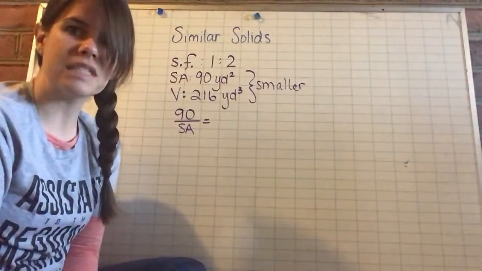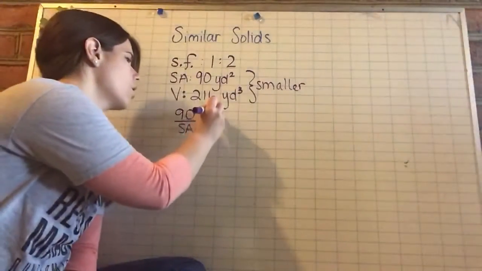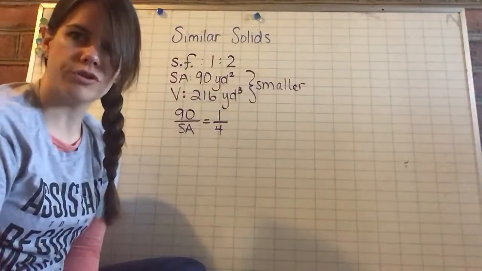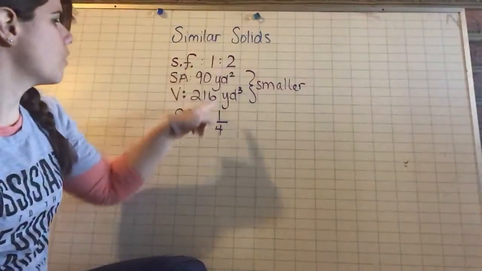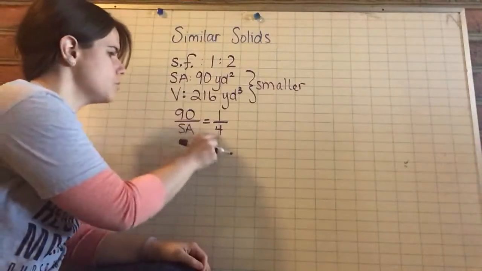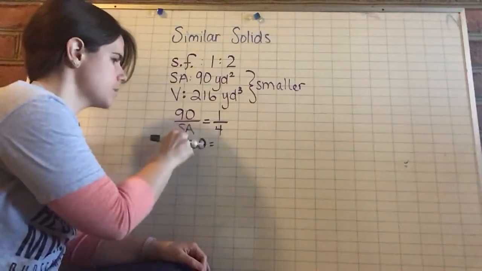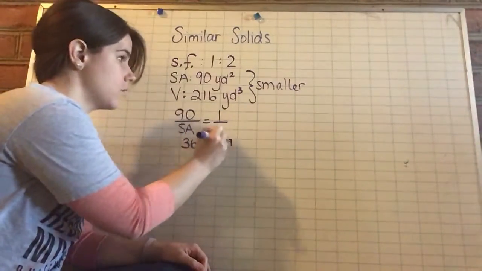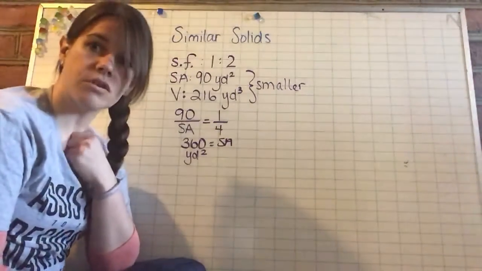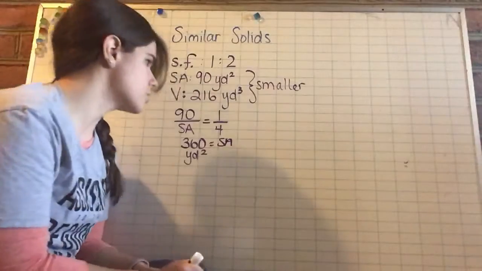So I need to take my scale factor and square it before I can use it to help me find the surface area of the larger shape. And so I square 1 over 2 and I write 1 over 4. And now I'm going to do 90 times 4 equals my surface area times 1, which means, there you go, there's my surface area. All right, so my surface area is going to be 360 square yards.